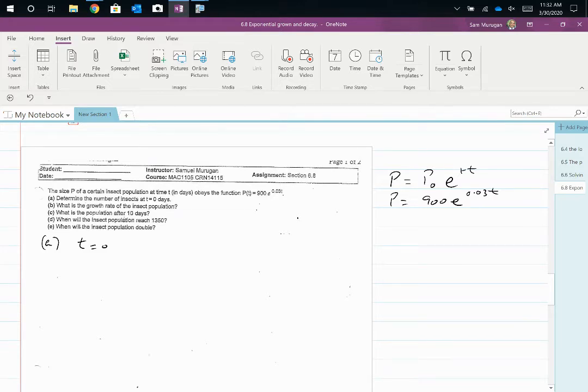So P0 is actually equal to 900 based on comparison with the formula. Then part B, the growth rate is 0.03, which is equal to 3%.